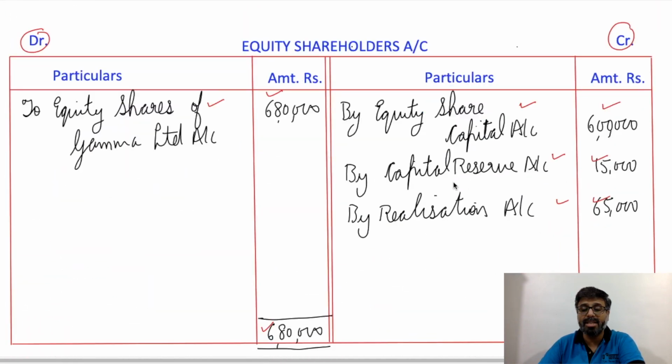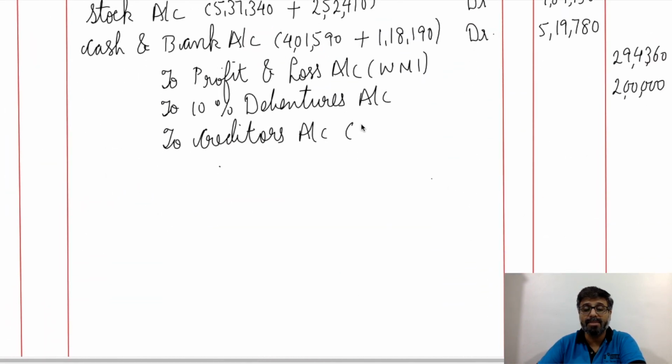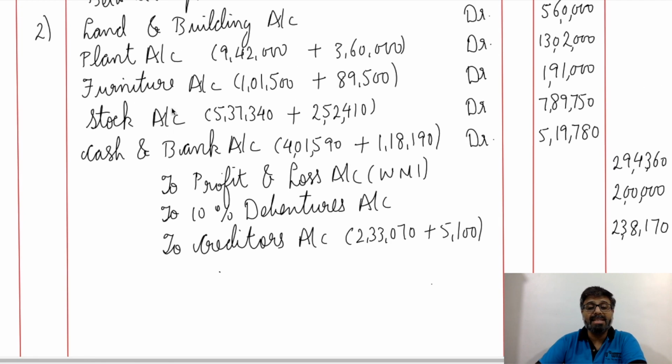So 233,070 plus 5,100 means total amount of creditors in Gamma Limited's books will be 238,170.